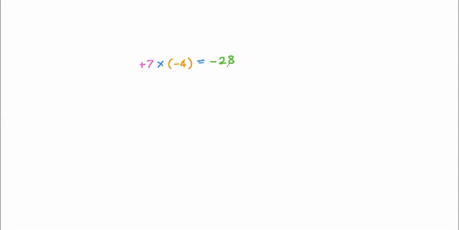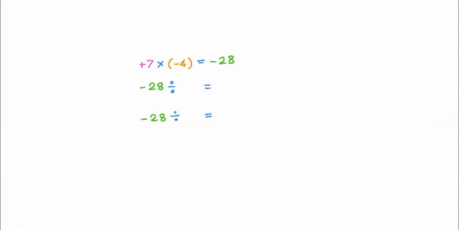Now this is going to result in two division statements. So the first division statement is -28 divided by, and I'll also write the second one here, -28 divided by. Here I'm going to write one of the multipliers.